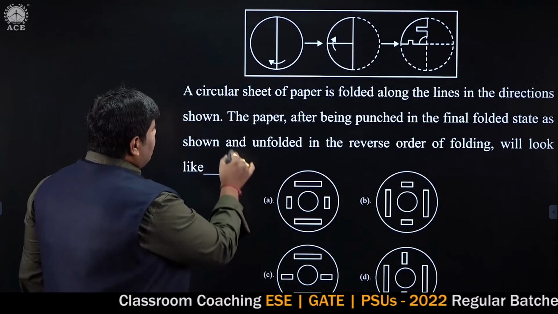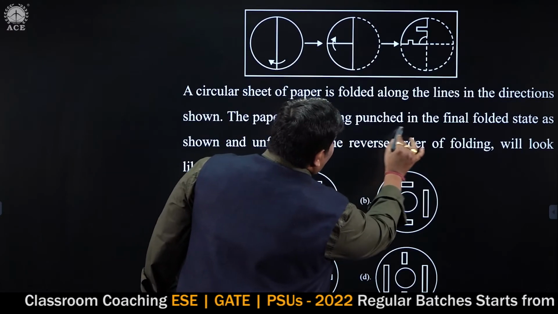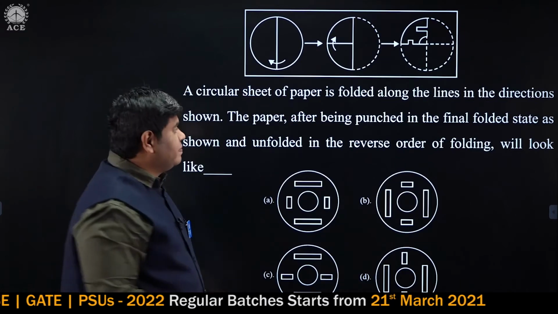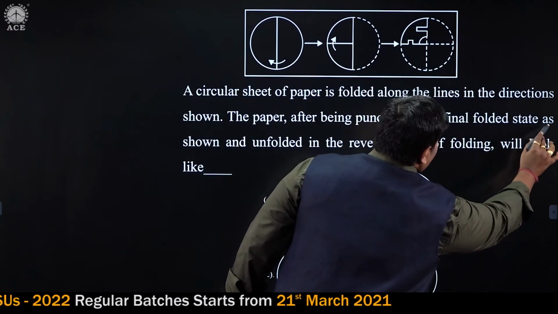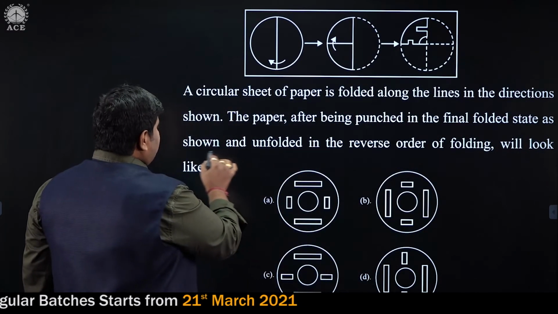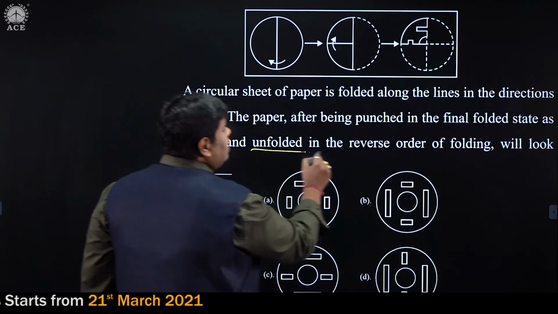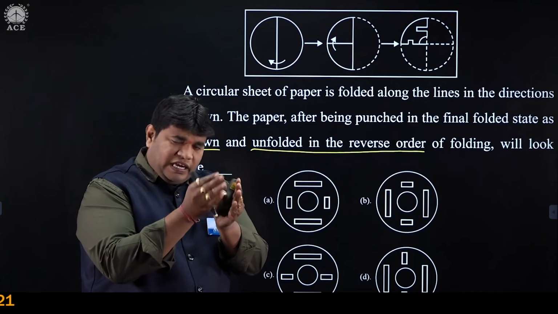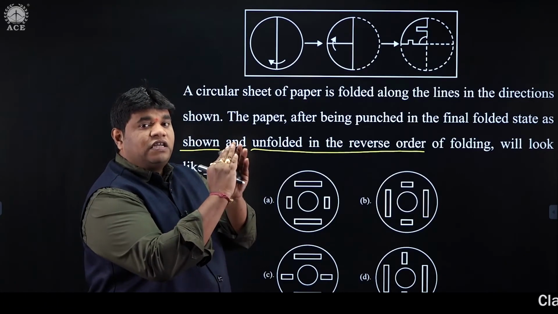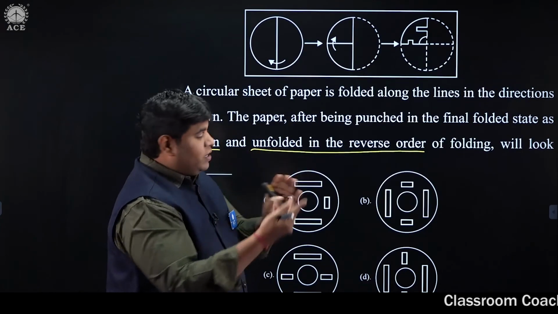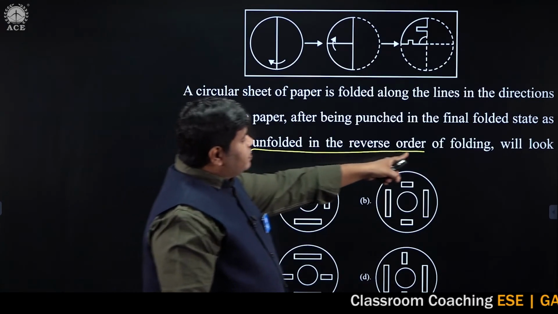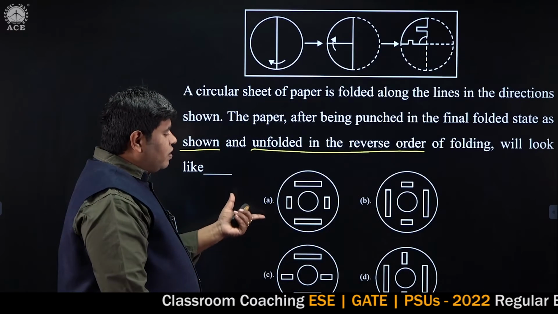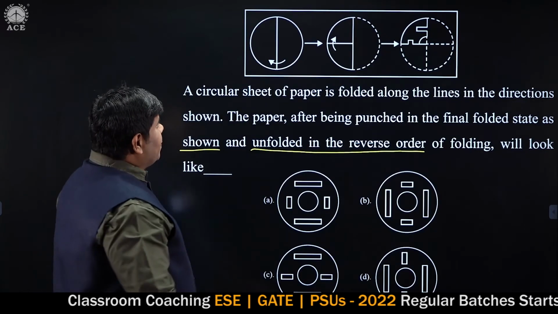The paper is punched in the final folded state as shown and unfolded in the reverse order. If you folded clockwise, then you open in reverse. Unfolded in the reverse order, the paper will look like which of the options? Out of the 4 options, which option is satisfied?